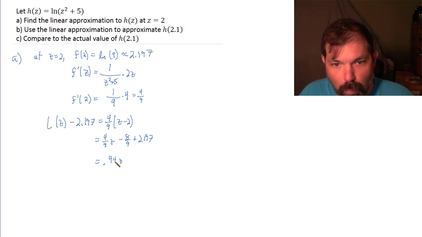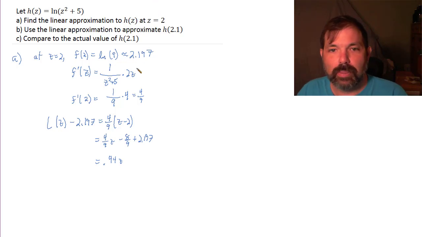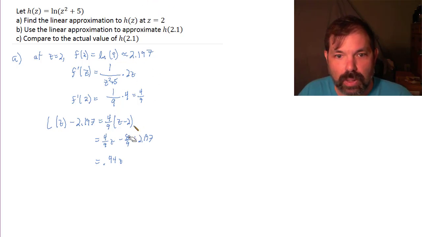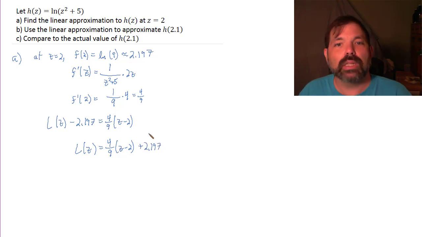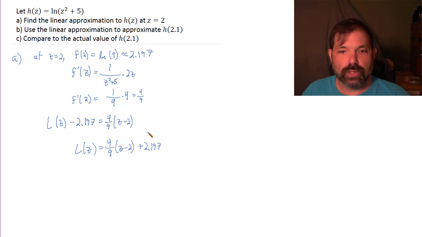Actually, you know what? We're going to leave it. I'm going to go back a couple of steps, and there's a good reason. We're going to leave it like this. So then L of z is 4/9 of z minus 2 plus 2.197. I'm going to leave it like that. I'm not going to distribute. I'm not going to put it in slope-intercept form.